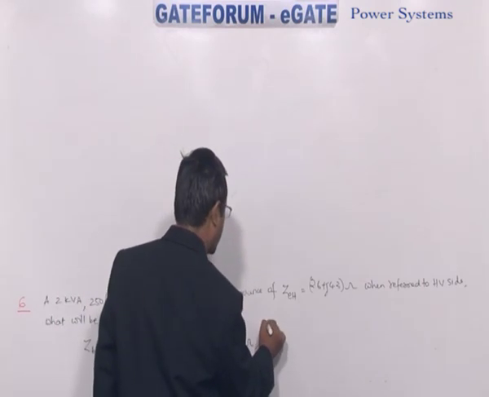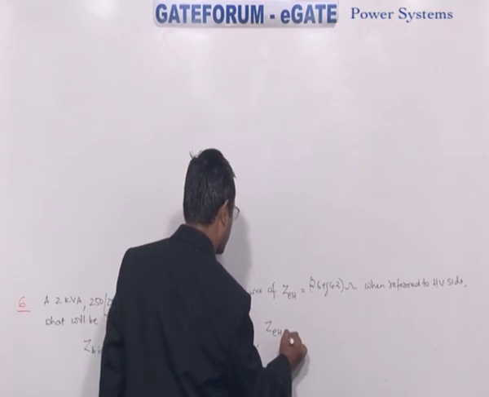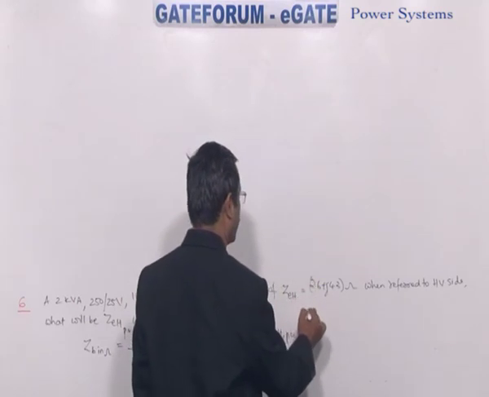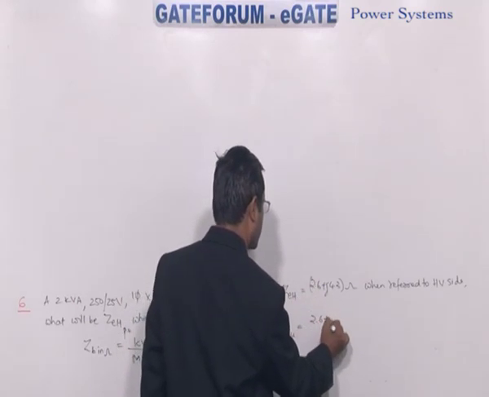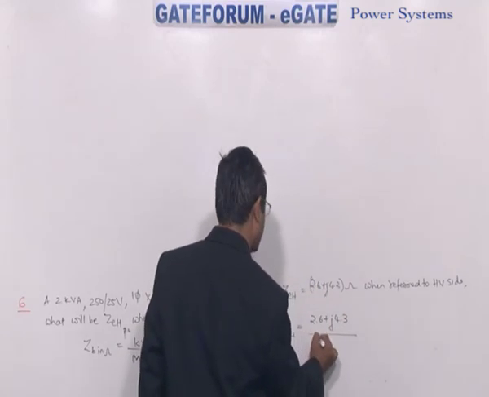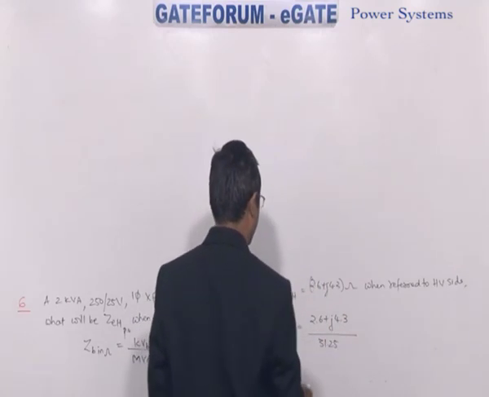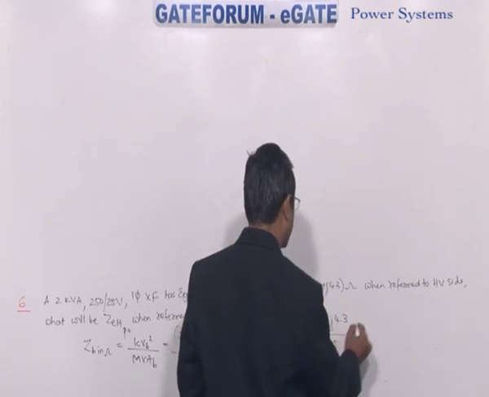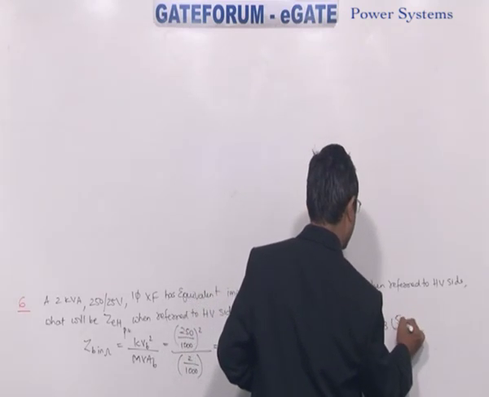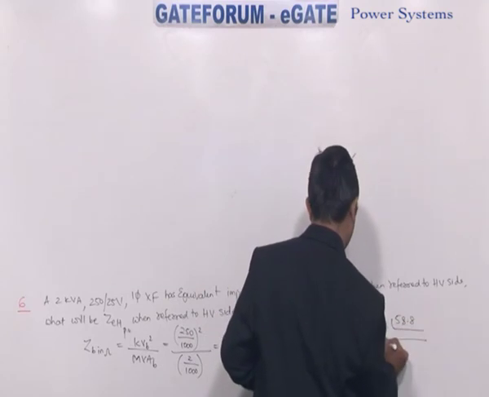So what about ZEH per unit now? The actual value 2.6 plus J 4.3. Base how much? 31.25. As the options are in polar form, you convert these values into polar form now.